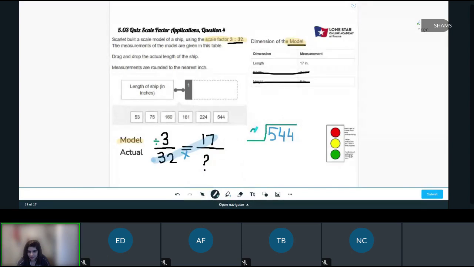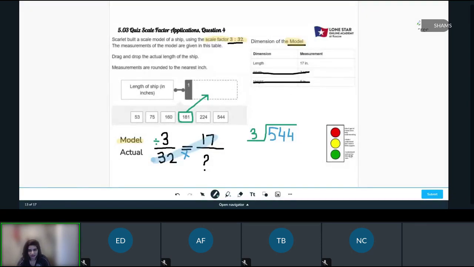Go ahead, everybody, set it up and divide by 3. Tell me how much do you guys get? 181. I agree with you, Nina. 181. That means the actual length of the ship is going to be 181. Right?